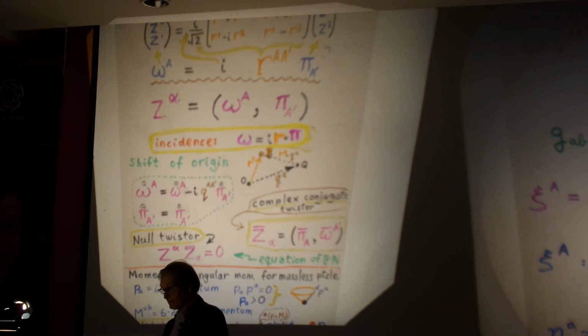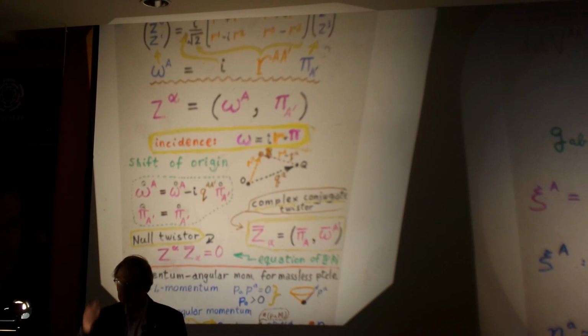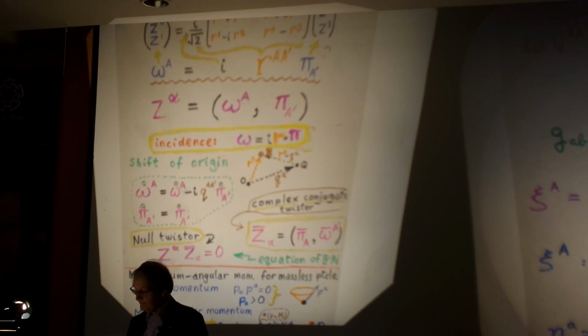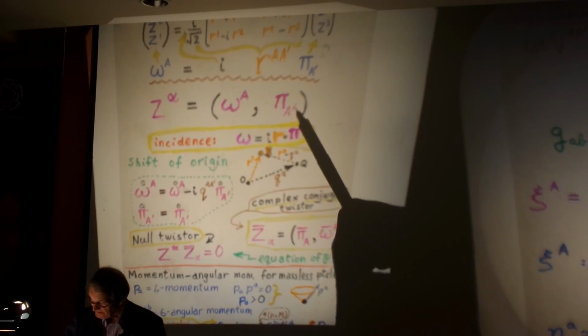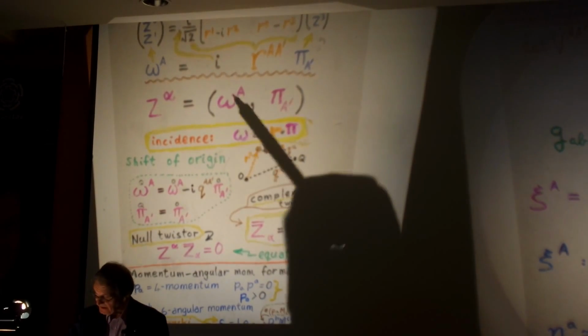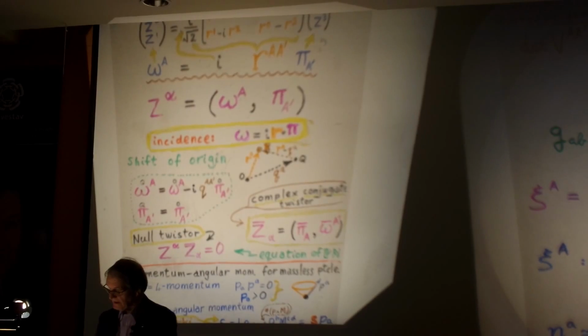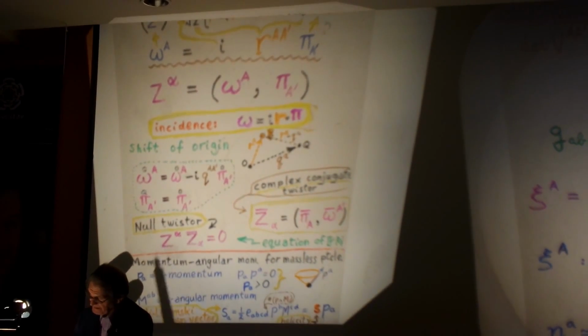People often don't worry about that, but when you do conformal transformations, it's very important that this thing is a covector, or co-twistor, or co-spinor, as it's called. The index is downstairs, and this index is upstairs, and this is related to a momentum.